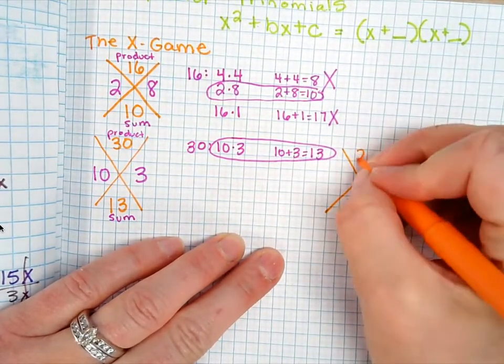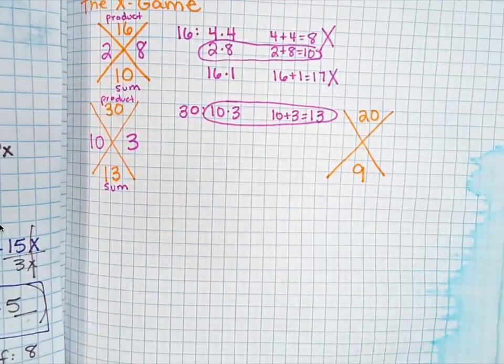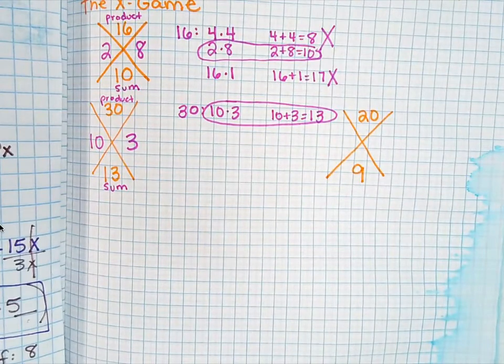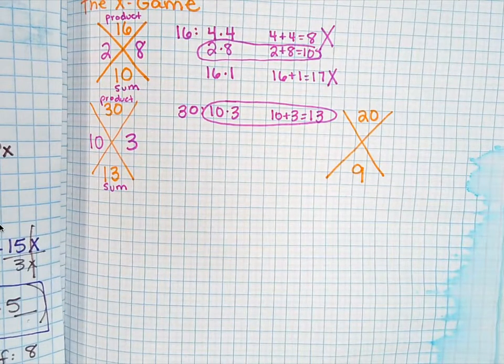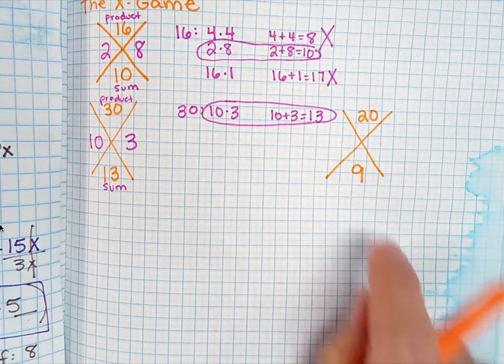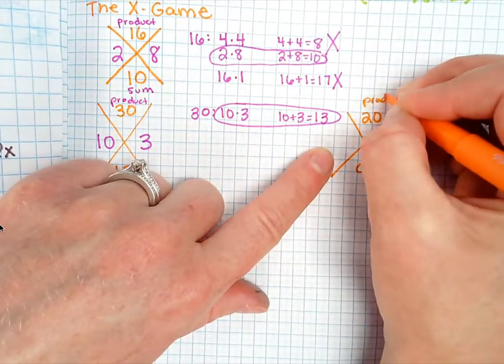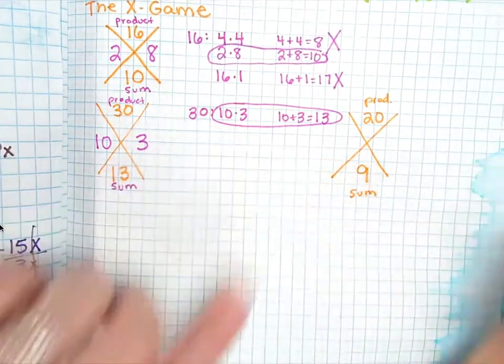Let's do 20 and 9. So go ahead and do that one. Don't say it out loud. Does it matter which side of the X you put it on? Nope. The only numbers that matter, the order, are these two, because the product always goes up top and the sum always goes on the bottom.